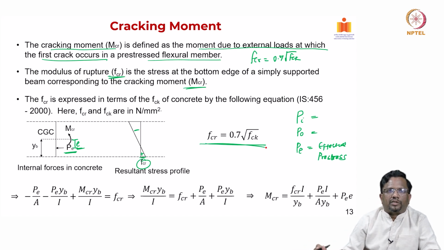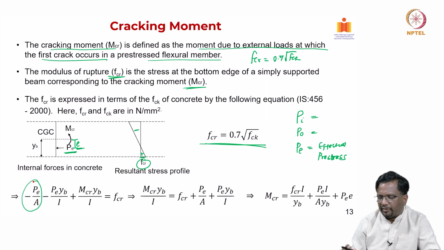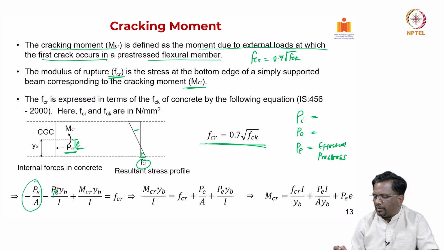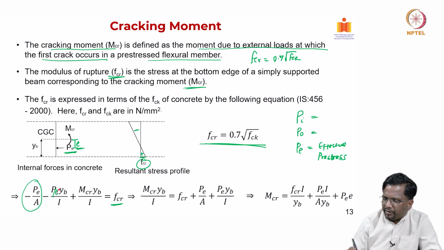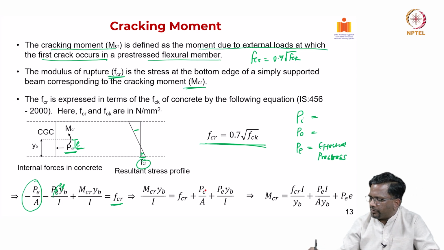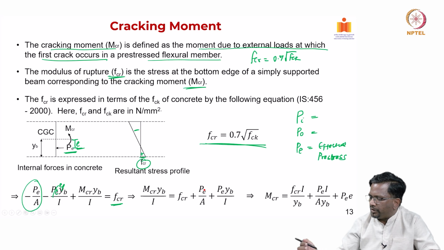Now, how do we calculate the stresses? We know that there is a concentric component, negative Pe by A, which is always compression, and then I am calculating the stress at the bottom due to the prestress force moment, Pe into e, into yb by I, and then you have fcr equal to that.